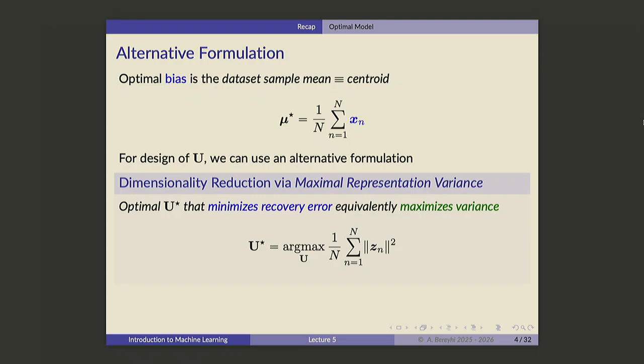If you compute the sample variance of these together, you want it to be maximum, somehow containing the most possible energy. We did some basic linear algebra to conclude that maximizing this is equivalent to minimizing the recovery error.